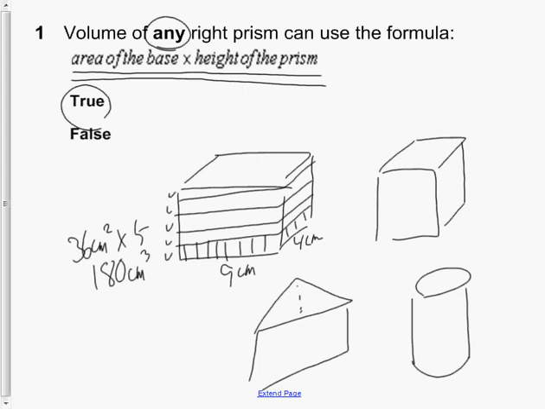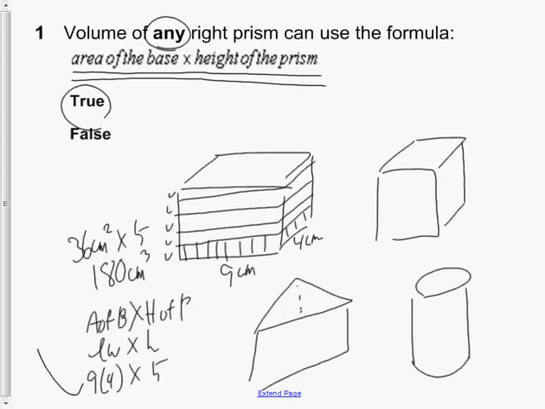So the area of the base multiplied by the height of the prism would be LW, because it's a rectangular prism, multiplied by the height. It would be 9 times 4 multiplied by the height, or it would be 36 times 5, which would tell me the volume as being 180 cubic centimeters.